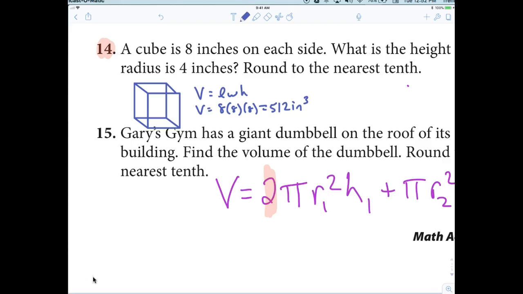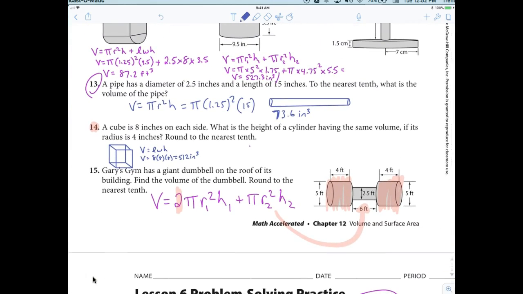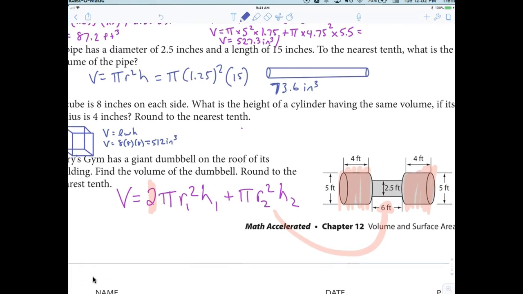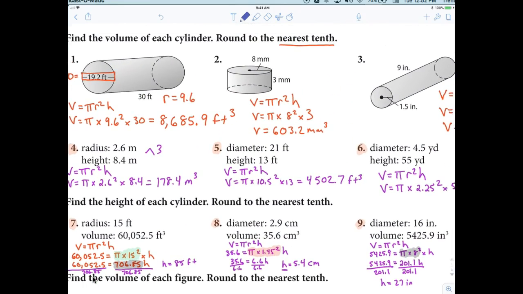Now it says, what is the height of a cylinder having the same volume? So now we're looking at a cylinder. But the problem is we don't know what the height is.